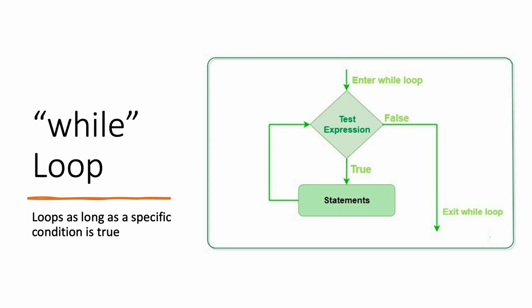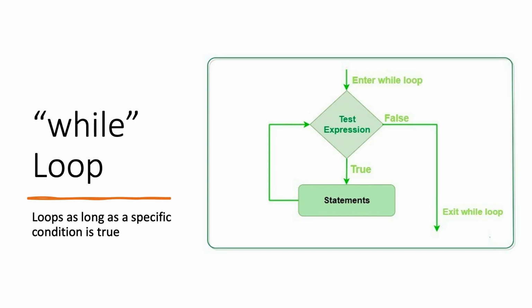And within a while loop, the condition can involve any type of logical expression, including comparisons, function calls, and variable states. Now this flexibility allows for a wide range of applications, from simple tasks like counting, to more complex processes like reading data until a certain input is received. But please be careful. Special care must be taken to ensure the condition will eventually become false.